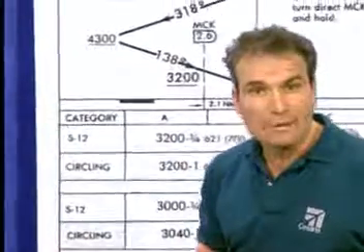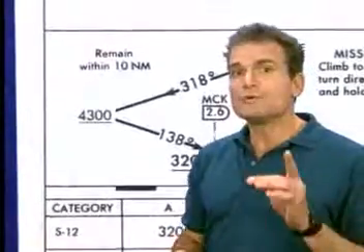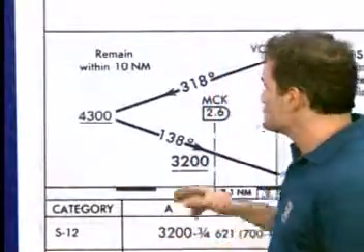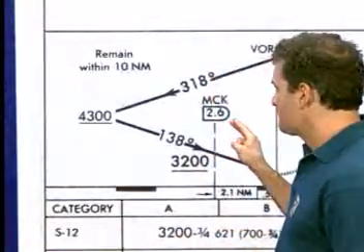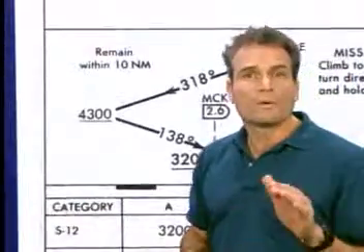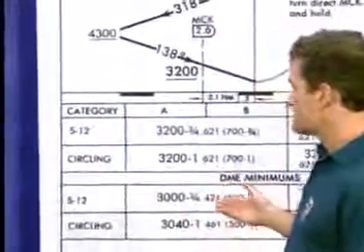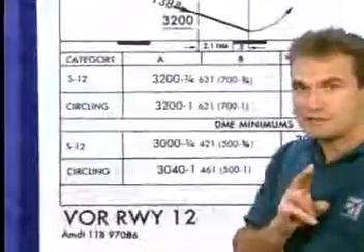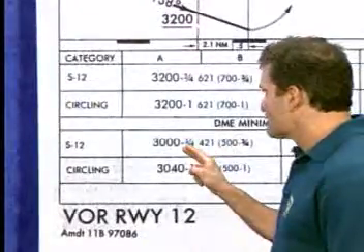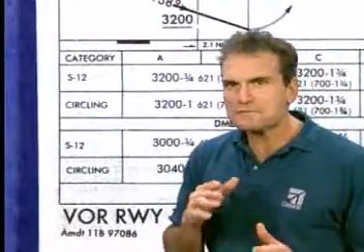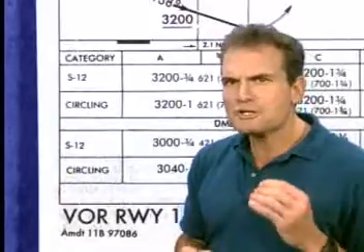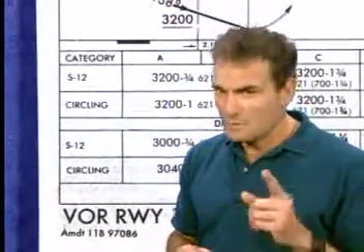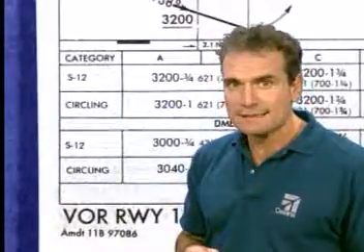If, on the other hand, you do have DME or an approved substitute and you can identify the 2.6 DME fix, you may use the lower minimums in that second table. That lets you descend to 3,000 feet, and that difference of 200 feet might be just enough to let you get in when the weather's a little nasty.